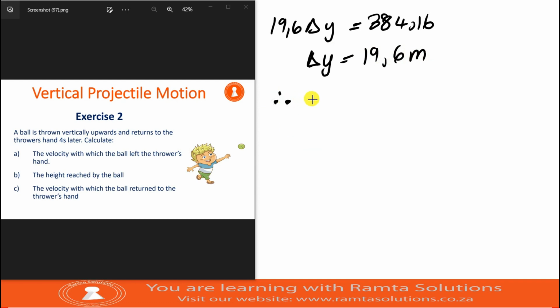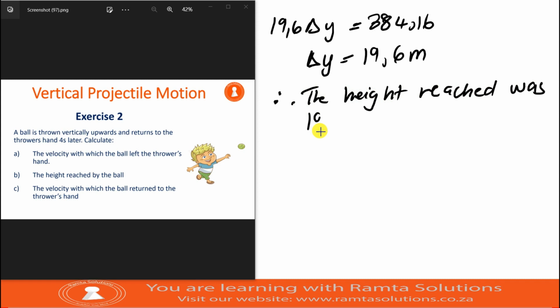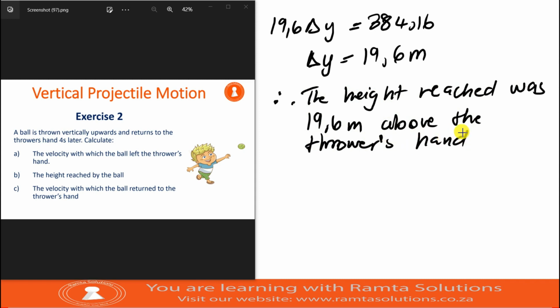Therefore, you can conclude the height reached was 19.6 meters above the thrower's hand. I'm just stating this to help you make sense of the question, but even if you leave it here, it's still okay.